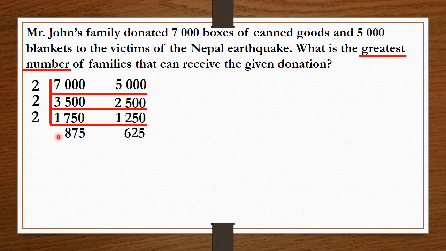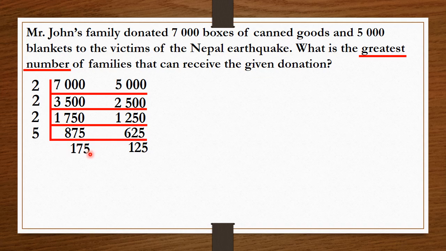Next, 875 and 625 have a common factor of 5. So let us divide 875 divided by 5. We have 175. 625 divided by 5, we have 125.